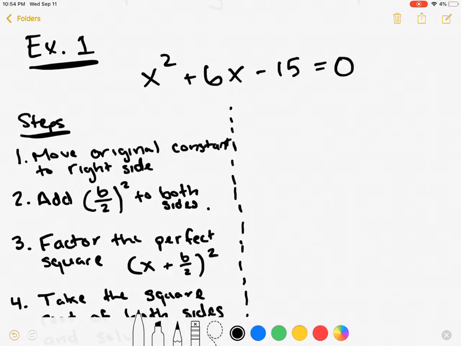To start the method here, we want to move the original constant, that negative 15, to the other side of the equation, to make some room for our new constant that's going to complete the square. So to start with, we're going to add 15 to both sides.